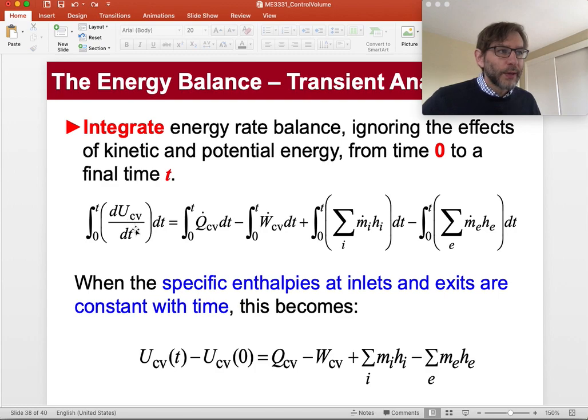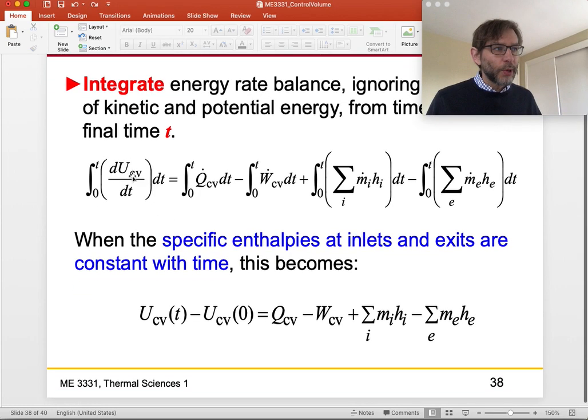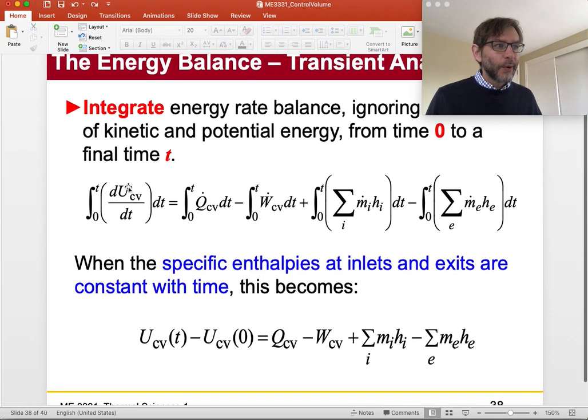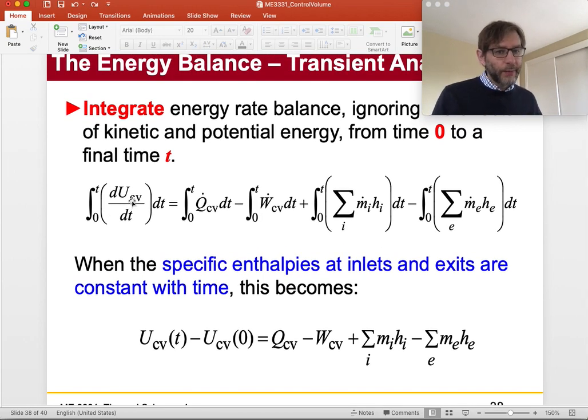So dU_cv/dt, the transient time-changing energy equation, is equal to the integral of heat during that time, Q dot dt, minus the work that's done, W_cv dt, plus the enthalpy of the stuff coming in. And remember, notice that we're using U here, which means the internal energy of the stuff, and here we're using H.